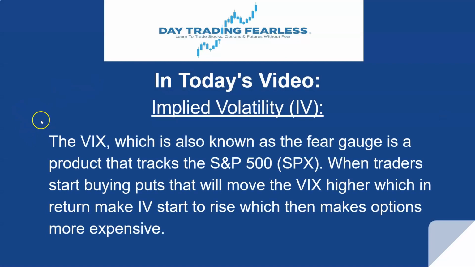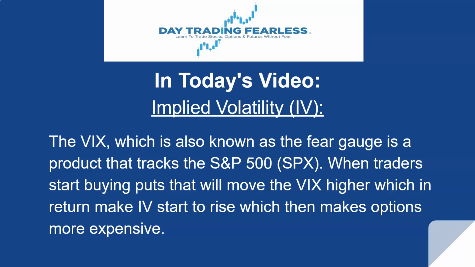So now the VIX, which is also known as the fear gauge, is a product that tracks the S&P 500, aka the SPX. When traders start buying puts, that will move the VIX higher, which in return makes IV start to rise, which then makes options more expensive.